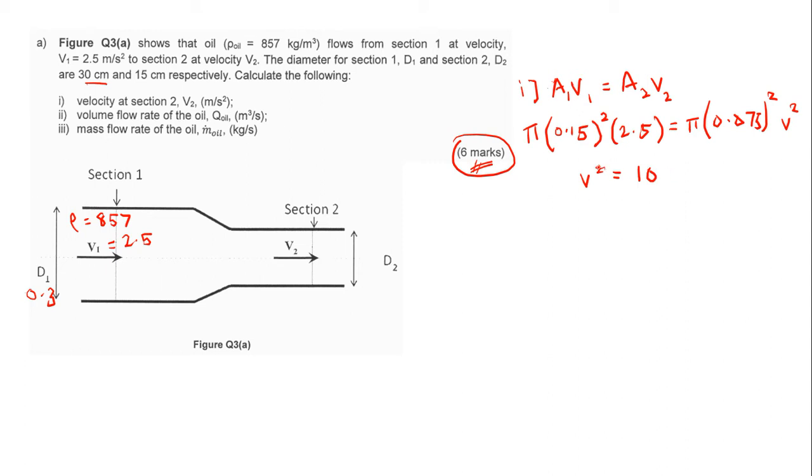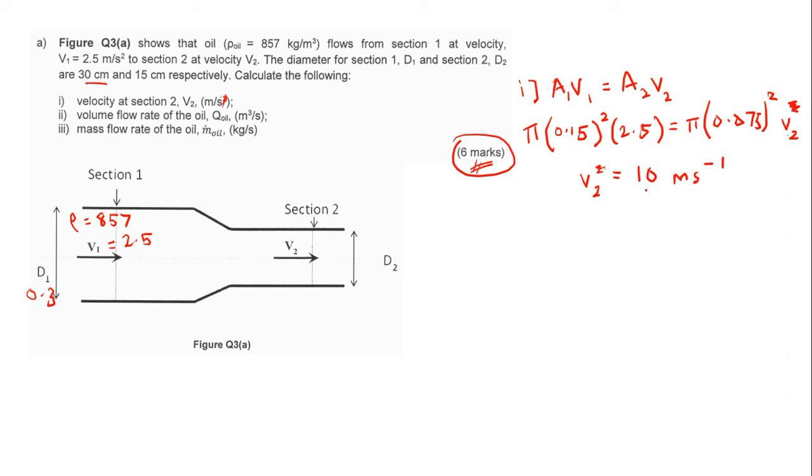Not V squared, sorry, V2, subscript. Otherwise you'll get confused later. V2 is 10, unit meter per second. Don't forget your unit. Is it meter per second or meter per second squared? Should be meter per second. Velocity is meter per second.